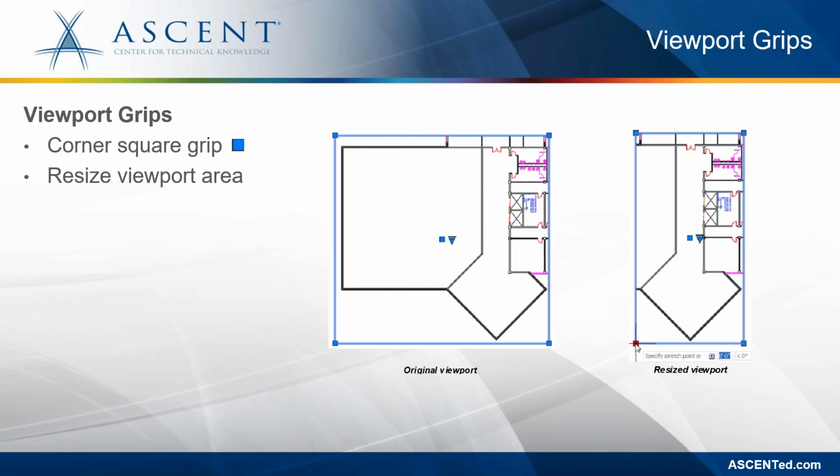And if you increase the size of the viewport boundary, that will include additional areas in the viewport display. So it just resizes the boundary and does nothing with the view itself. That's a different one, that's scaling, when we resize the view itself.